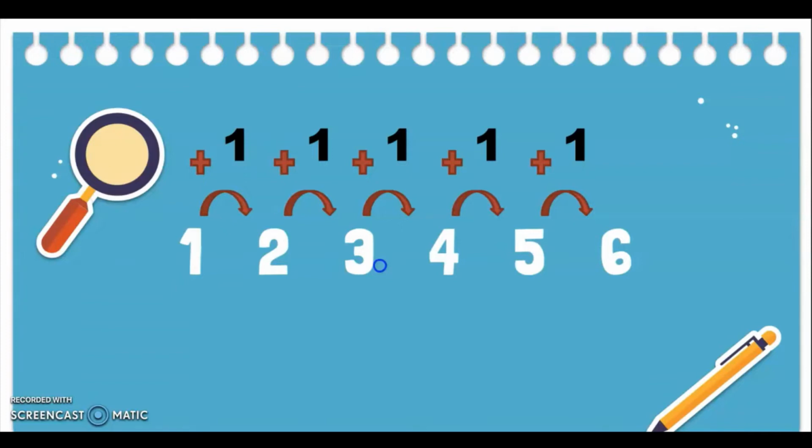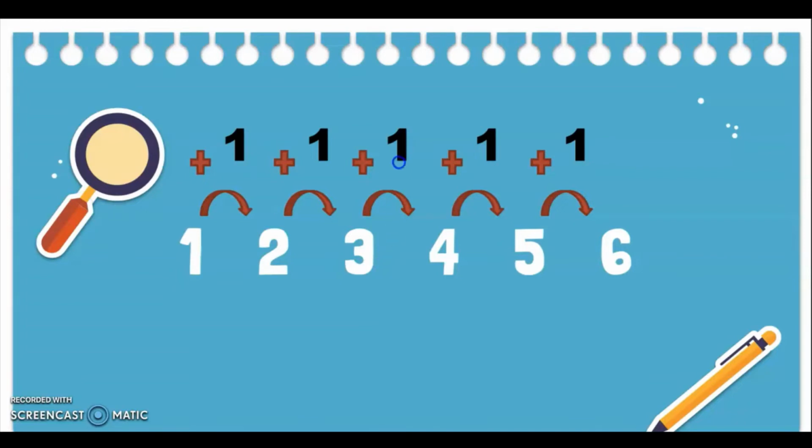What rule does this pattern follow? Do you know? Okay, you always add 1 to get the next number. Every number goes up by 1 each time. That's the pattern.